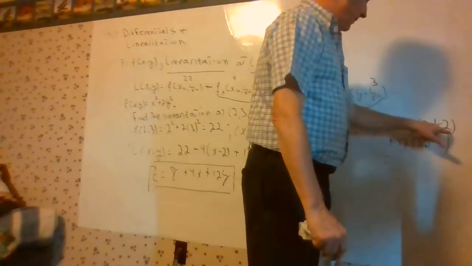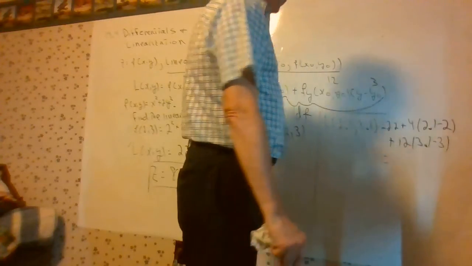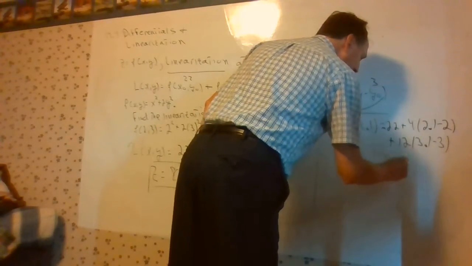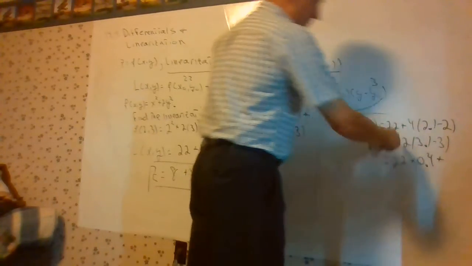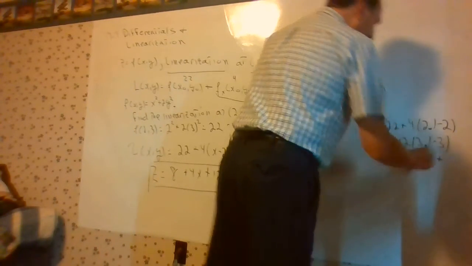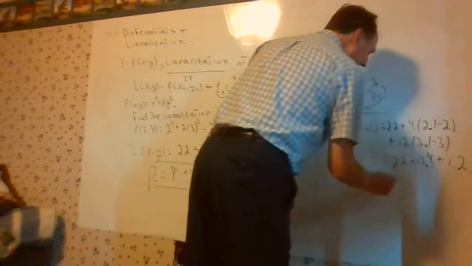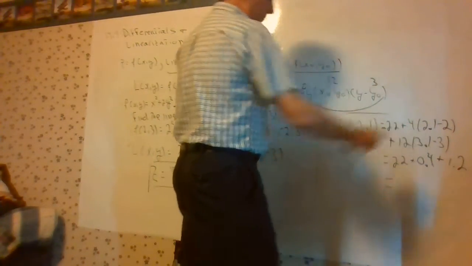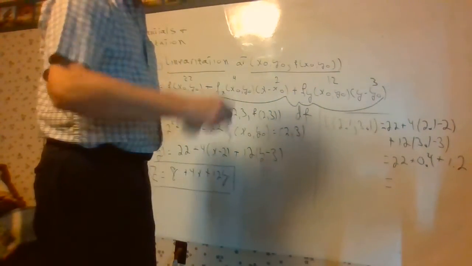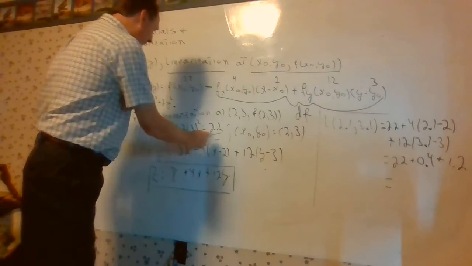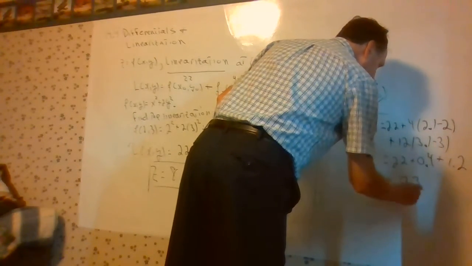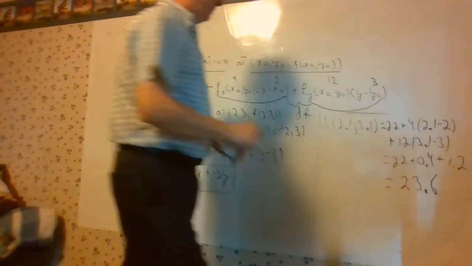Okay, 2.1 minus 2 is 0.1, 4 times 0.1 is 0.4, so you get 22 plus 0.4, plus 0.1 times 12 is 1.2. What do 0.4 and 1.2 add up to? That's 1.6. That's how much it changes from this starting point. And we end up with 23.6.